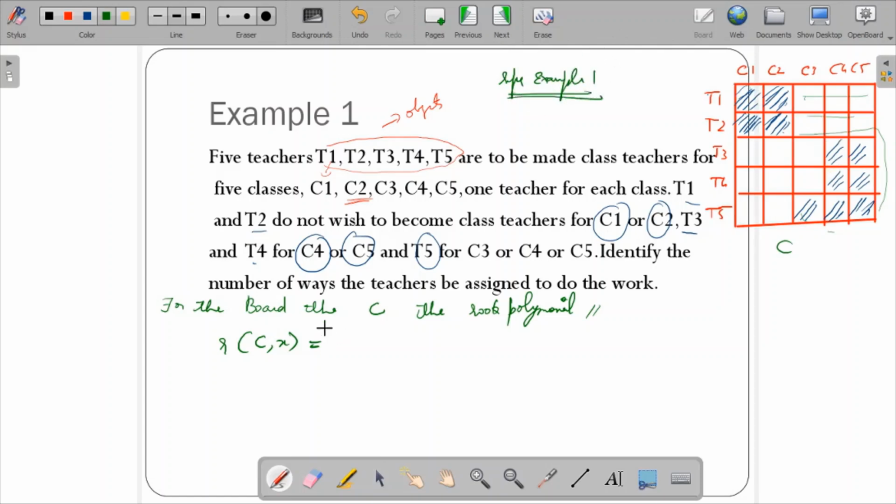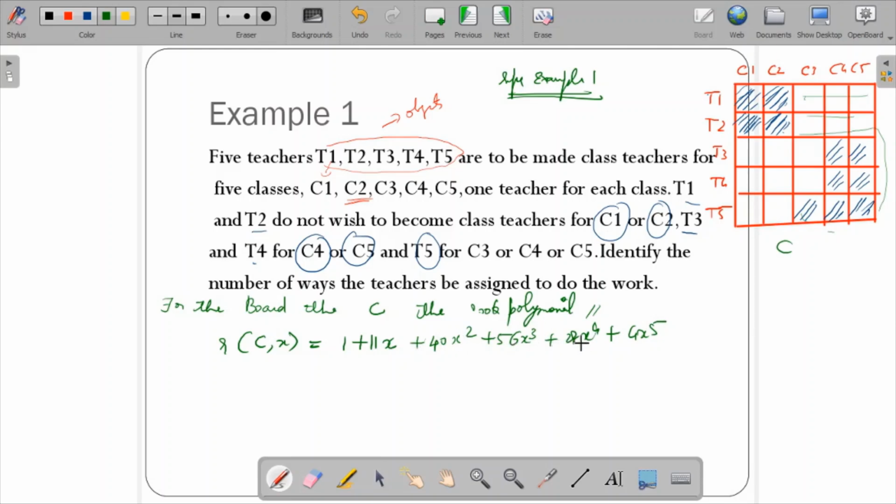So to find this, R of C of X we will get directly as 1 plus 11x plus 40x square plus 56x cube plus 28x to the power 4 plus 4x to the power 5.